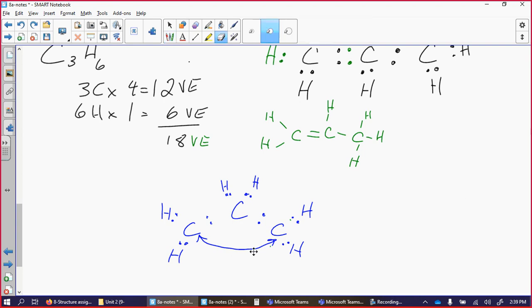Wait, does hydrogen have one valence electron or two? Hydrogen has 1, wants 2. So if I put 2 in here, that connects these 2.